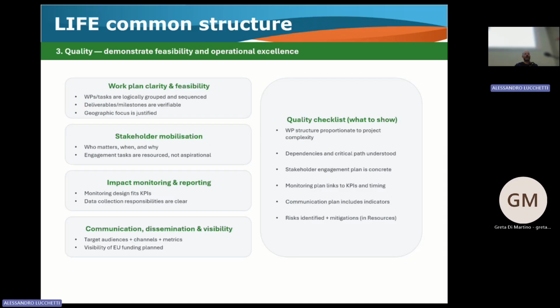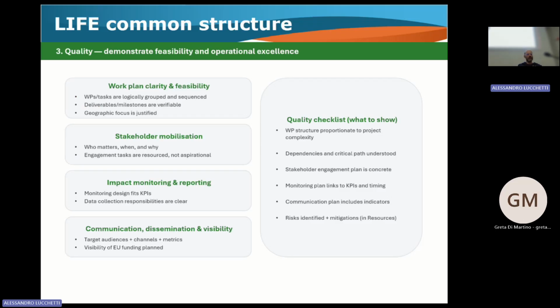Can be, okay, the milestone in my project is at the end of 2027, I will finish the sea trials with the fishermen. This is a milestone. The third part is the reports. Reports are not deliverables, not milestones, because sometimes there is a bit of confusion on this. Deliverables are not reports. There is a special section for reports.